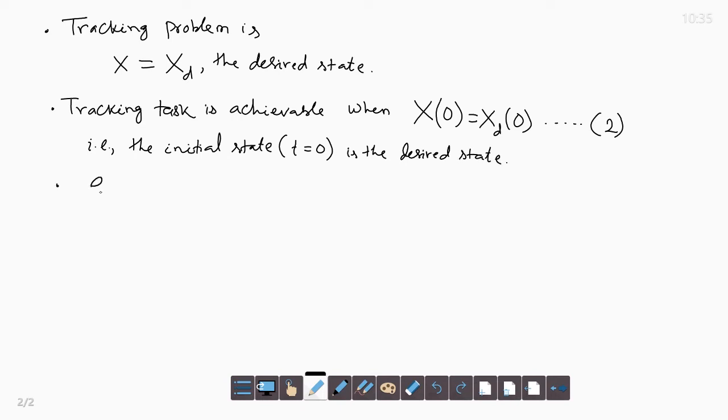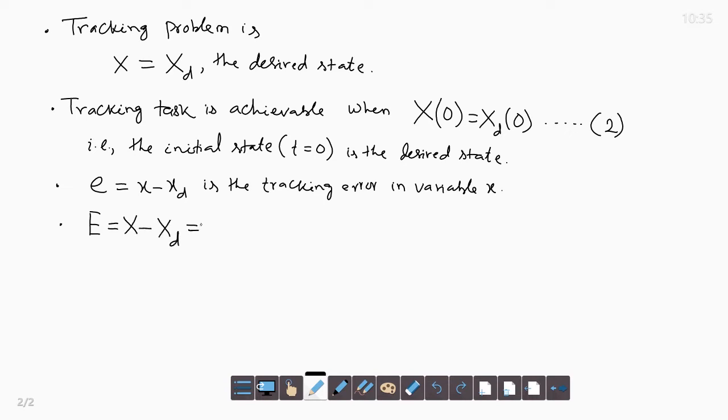Then e equals x minus xd is the tracking error in variable x. Further, capital E equals x minus xd equals [e, e dot, ..., e^(n-1)] transpose, the tracking error vector.